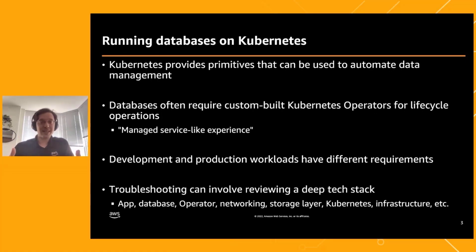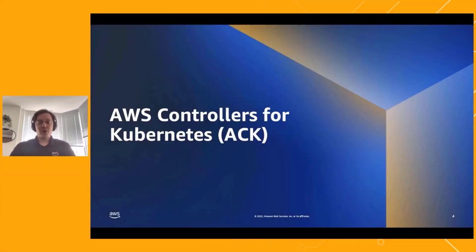Maybe there's something in Kubernetes itself that you need to troubleshoot, or in the infrastructure itself, etc. So while Kubernetes operators do allow you to do some very sophisticated things with running database workloads on Kubernetes, there are many things to consider during the production runtime of these environments that could lead to further expanding the surface area of what you need to troubleshoot. This is where AWS Controllers for Kubernetes, or ACK, can give you a managed database like Amazon RDS directly within your Kubernetes environment.